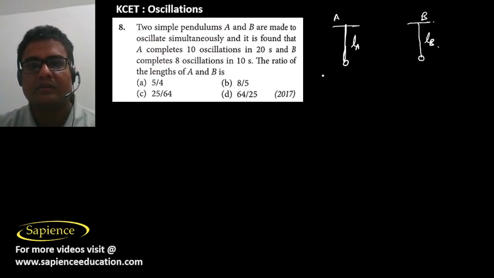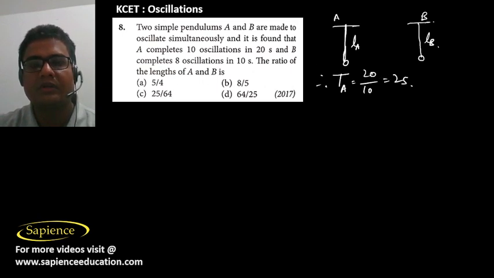Here it is told that pendulum A completes 10 oscillations in 20 seconds. So the time period of oscillation for pendulum A will be equal to 20 by 10, which is 2 seconds, since for 10 oscillations it takes 20 seconds, so for one oscillation it takes 2 seconds.